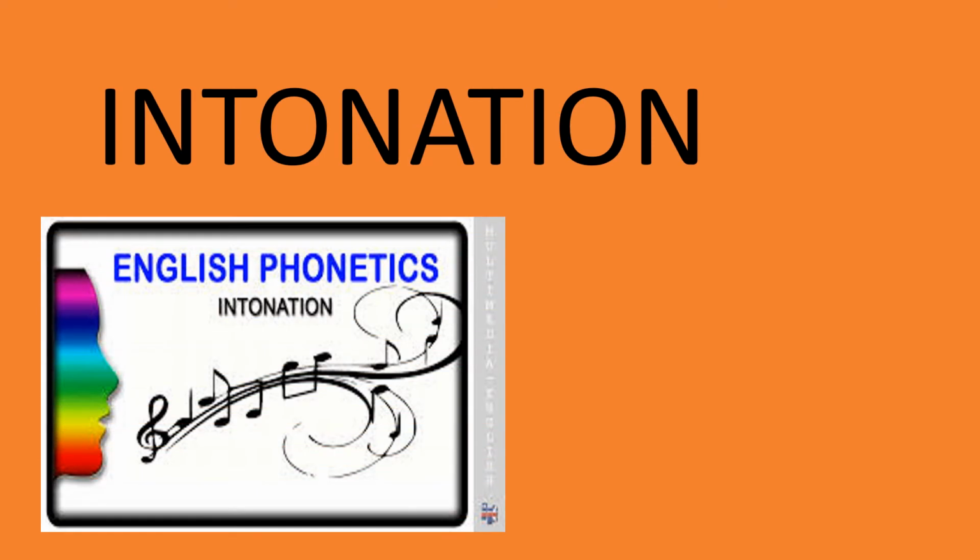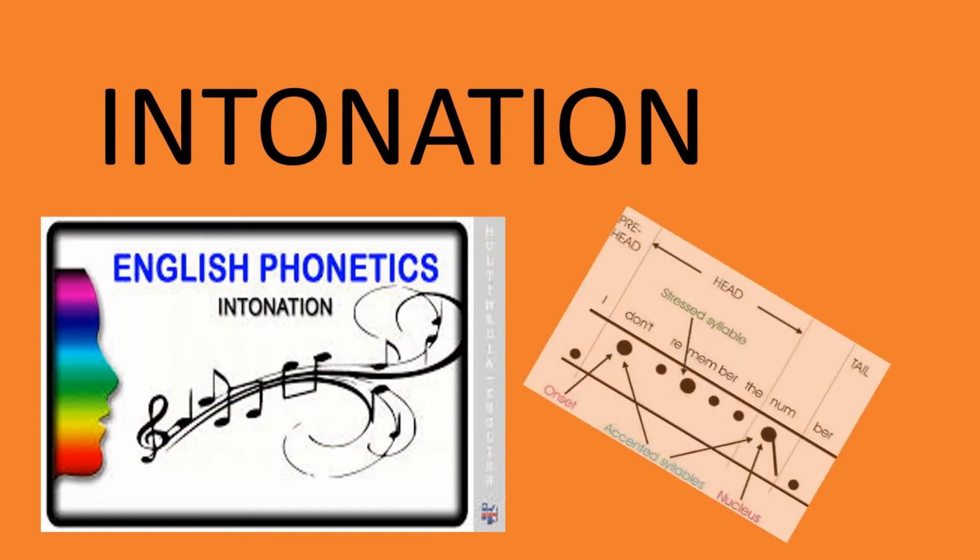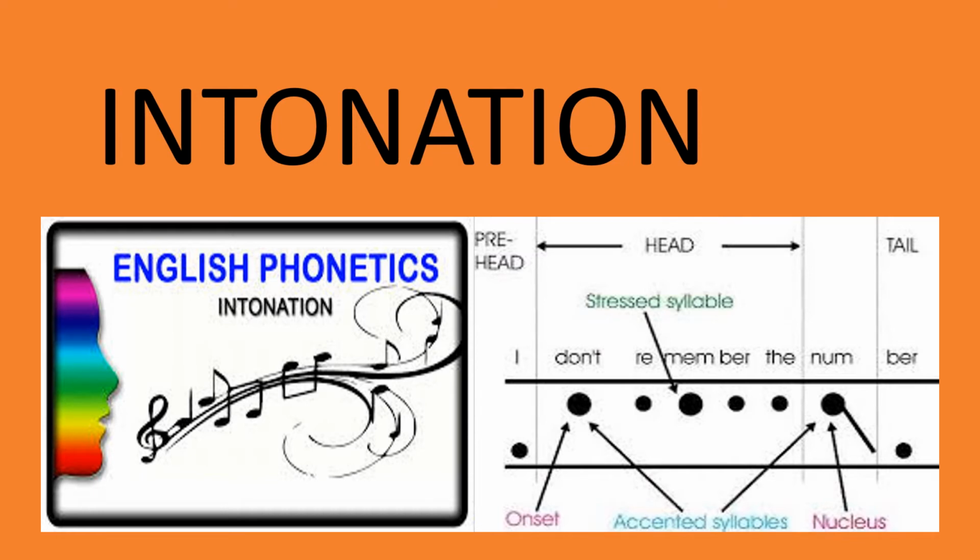Now, this brings us to what intonation is proper. Intonation is the degree or the rise and fall of the pitch in one's voice in speaking. The rise and fall of the pitch in one's voice when one is speaking.